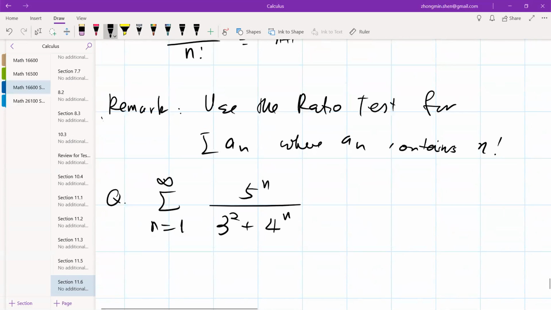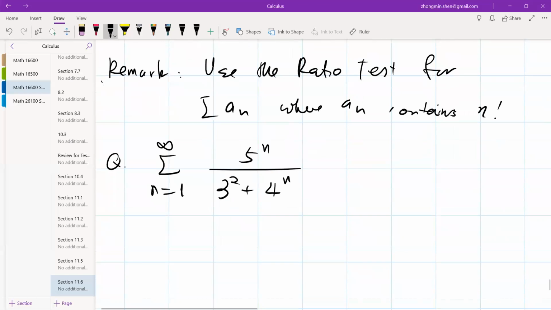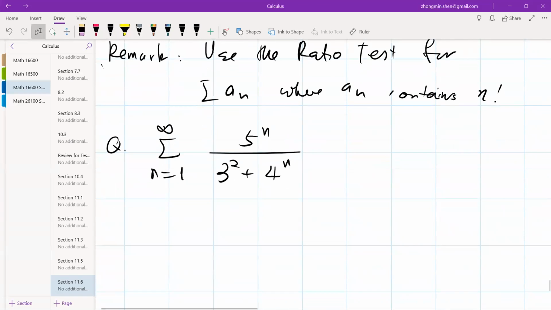All right, so let's look at another example. This was a bonus problem on one of the previous final exams. So you see a power exponential function. For an exponential function, you can use the ratio test, you can use the root test.